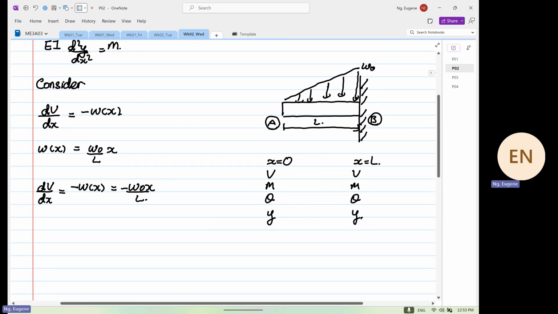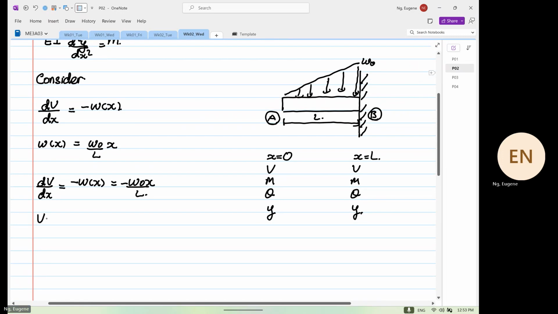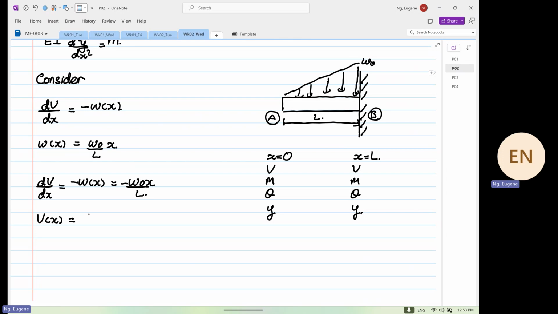From here, we know that V as a function of x is equal to the integral of minus omega naught x over L dx. So what do you have over here? Minus omega naught x squared over 2L plus C1. And this is also equal to dM by dx. Bear with me, okay?